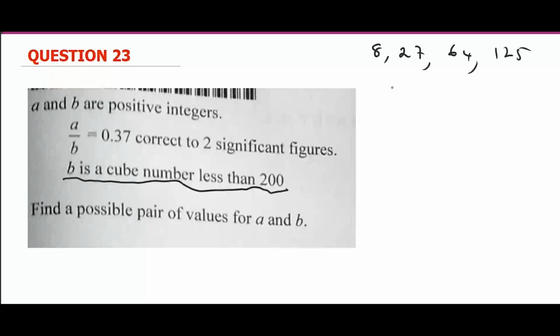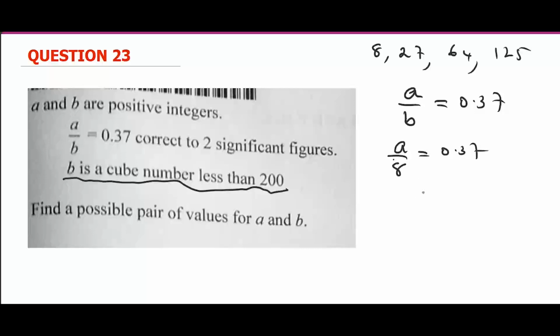So we need to get the value of A. So how can we do that? Let's say we have A over B equals 0.37 now. Okay, so let's try. When B is equal to 8, let's see what we're going to get. So if B is equal to 8, that means you have A over 8 equals 0.37.